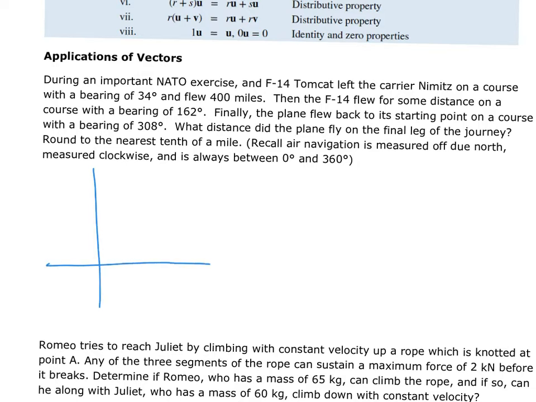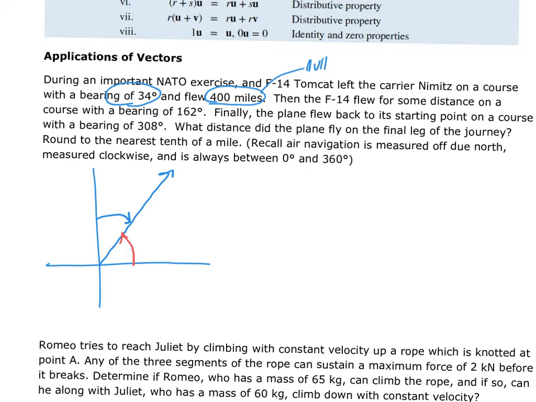They're telling me the first part of my flight is 400 miles. That is the magnitude, and we're going to call that the first one V, because we can. So that is my first one, and then the bearing is 34 degrees, and this is off of the north. So my first vector looks like this. It's 34 degrees off of this. That means this is the actual angle that I want. So I'm going to take 34 and subtract it from 90 to get the true angle that I want.